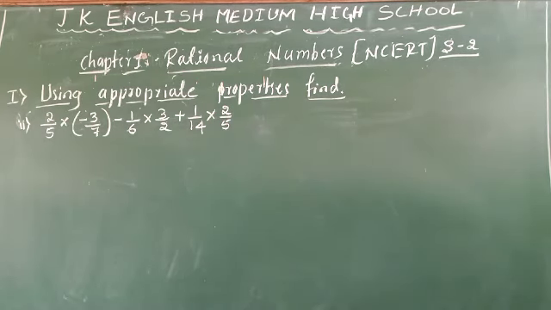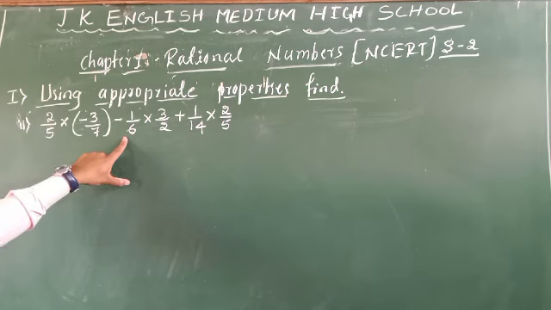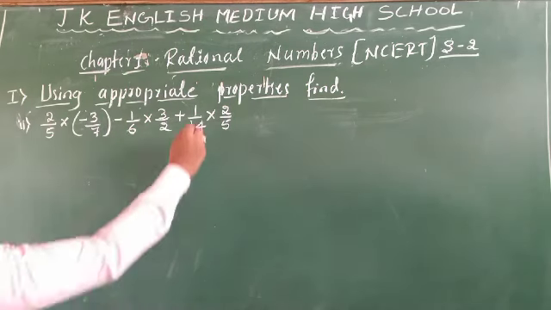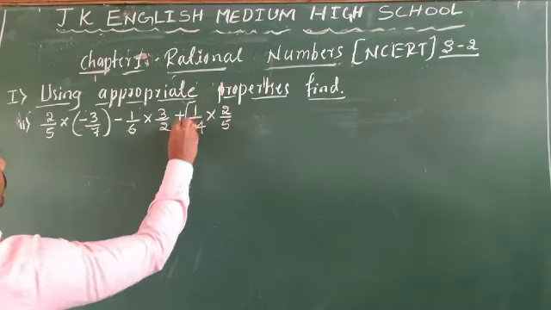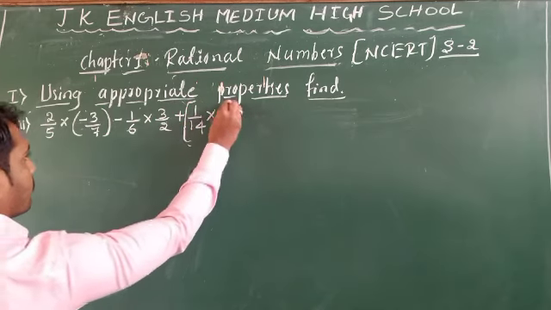Solving question number 2. Look here, the question is 2 by 5 into minus 3 by 7 minus 1 upon 6 into 3 by 2 into 1 by 14 into 2 by 5.